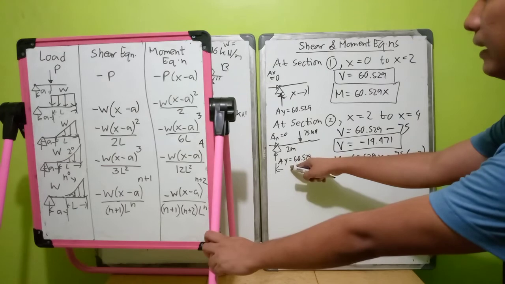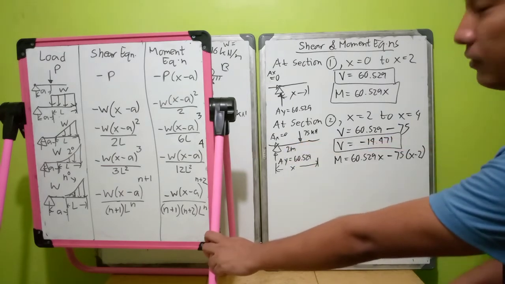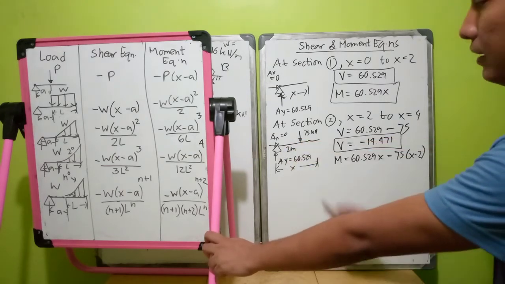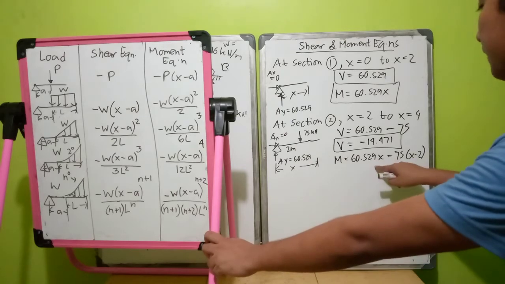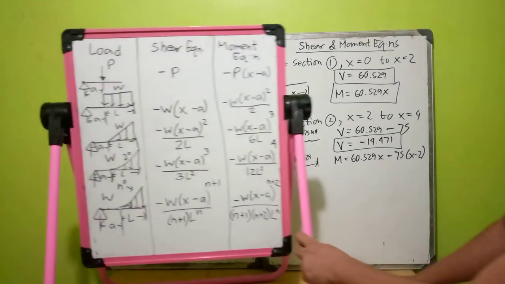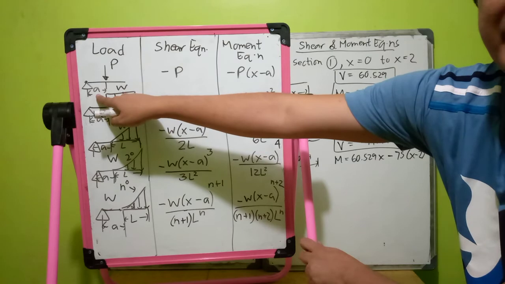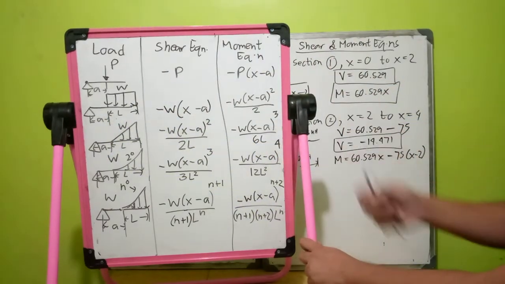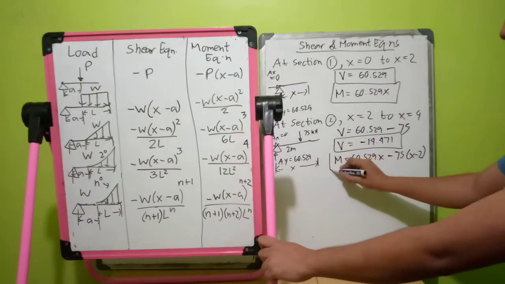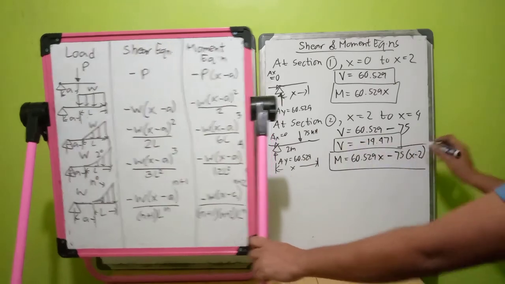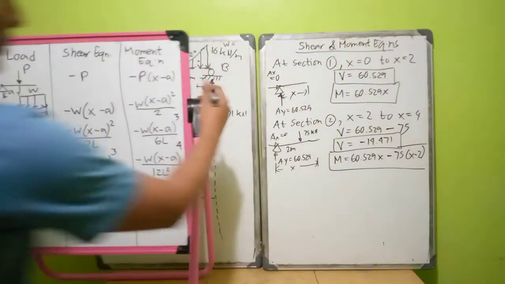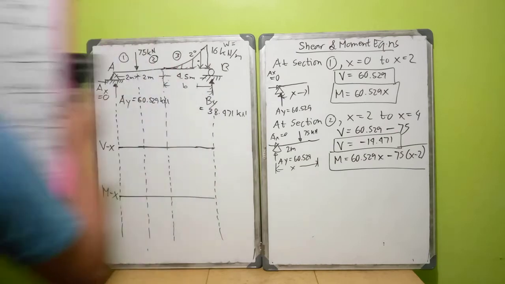So its distance from your support is 0 because it is located at the support. So you multiply it directly by X. Okay? This A can be also 0. So this is your M: 60.529 X minus 75 times X minus 2.